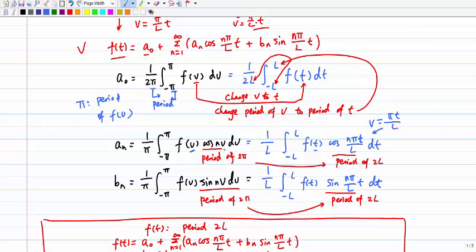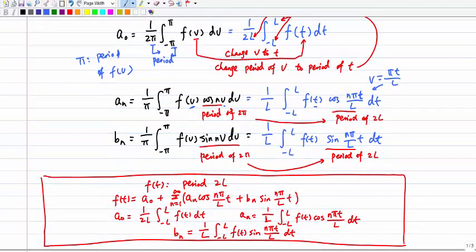So this is a summary of how we find the Fourier series for a periodic function with a general fundamental period of 2L.